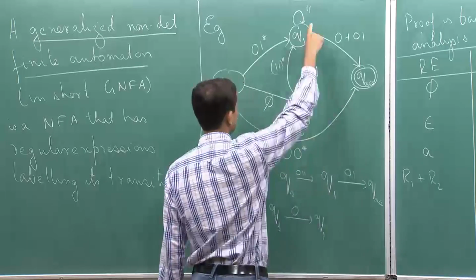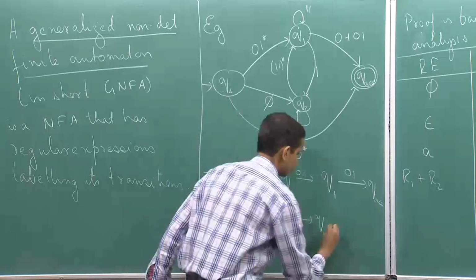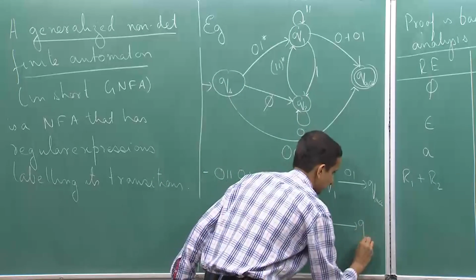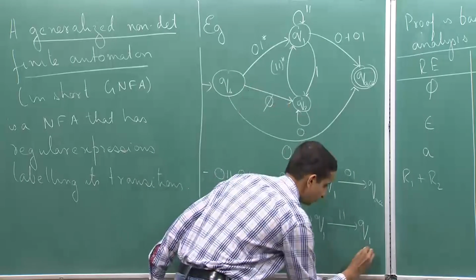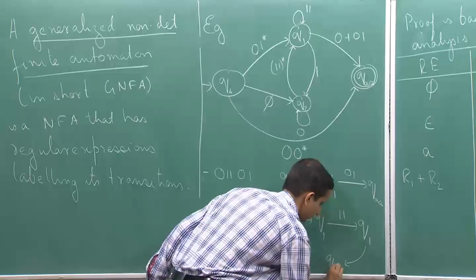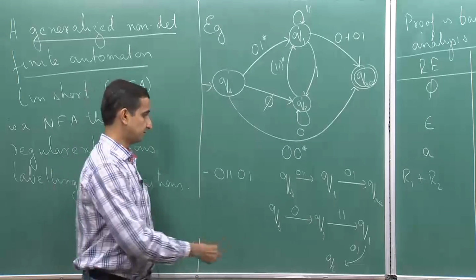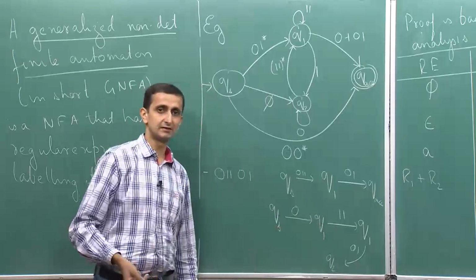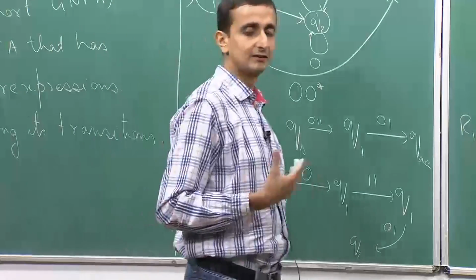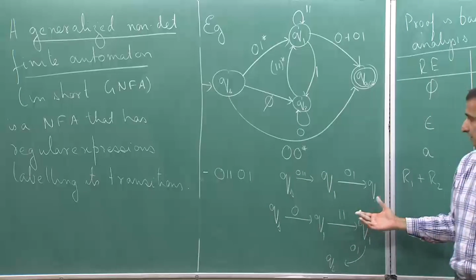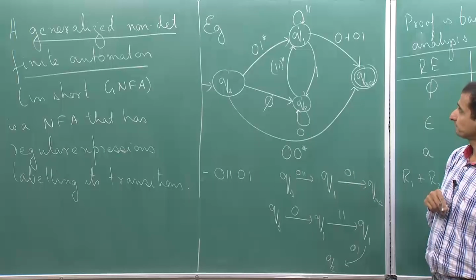Then on Q1 I have a self loop with 1 1 on it. So, from Q1 I stay at Q1 on 1 1. This gives me 0 1 1, and then from Q1 I go to Q accept on 0 1. Okay. So, I can form 0 1 1 0 1 in these two ways, and actually there are other ways by which I can form the string 0 1 1 0 1. Okay.